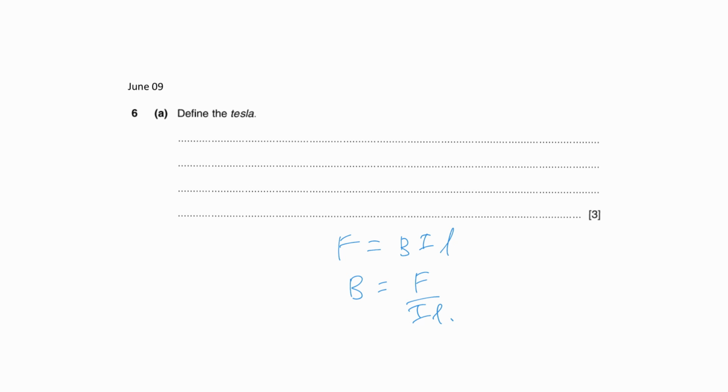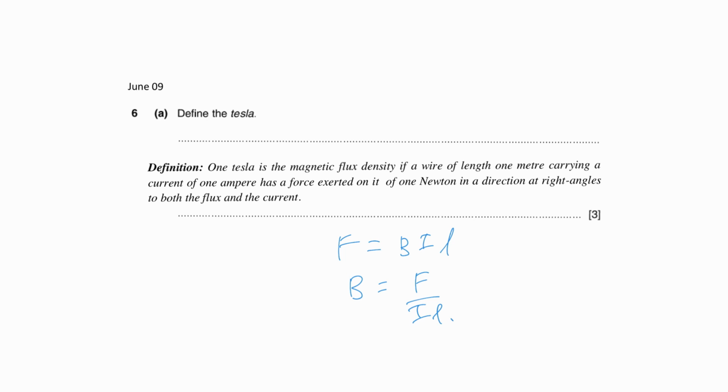But if you are defining the Tesla, you must say the force of 1 Newton, current of 1 ampere, length of 1 meter in the field, perpendicular to the field. So this is the definition: 1 Tesla is the flux density if a wire of length 1 meter carrying a current of 1 ampere experiences a force of 1 Newton, at right angles to both the flux and the current.